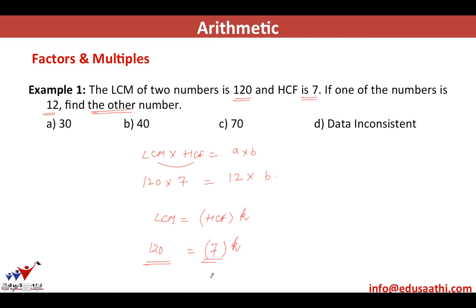No. So that means the data given in the question is inconsistent. If I had just solved the equation manually, I would get an answer of 70. But that is a wrong answer because LCM is not a multiple of HCF. This is a very, very important condition that I'll have to look at. LCM is always a multiple of HCF.